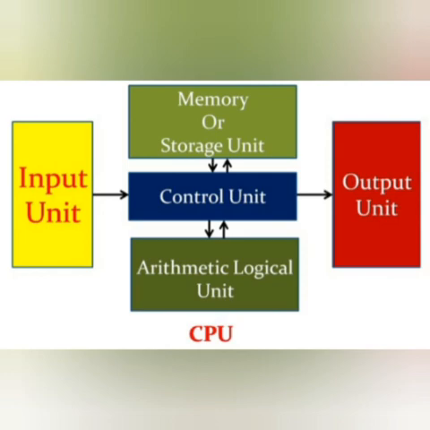Hence, we can say that CPU is the brain of computer as it processes everything. And there are three components or parts of the CPU: ALU, CU and MU.